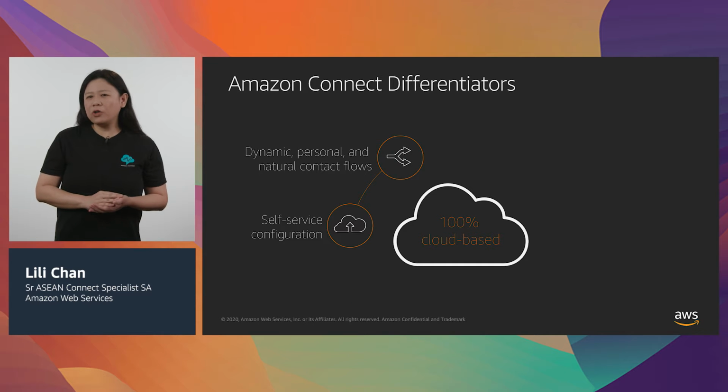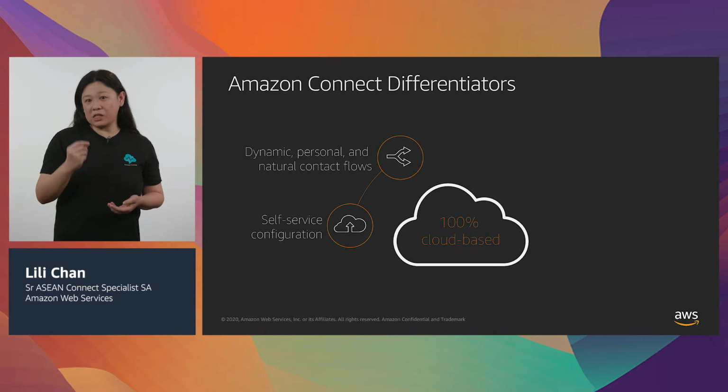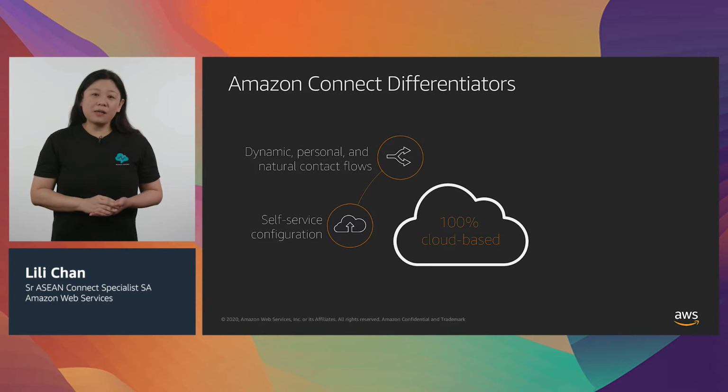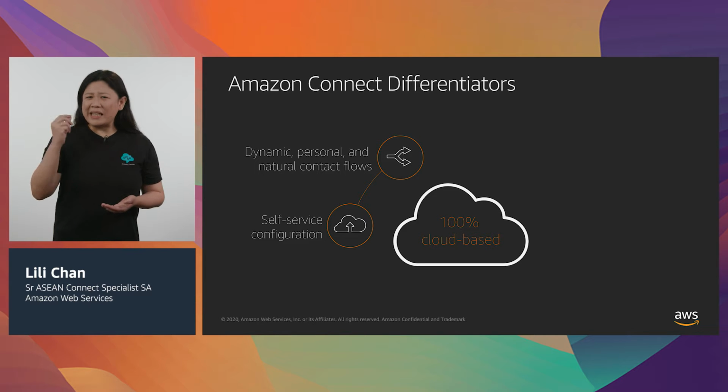Contact flows allow you to easily create compelling customer experiences and are the primary way you can build out automated experiences that end customers will interact with when they contact you. The self-service graphical interface in Amazon Connect makes it easy for non-technical users to design contact flows with no special skills.